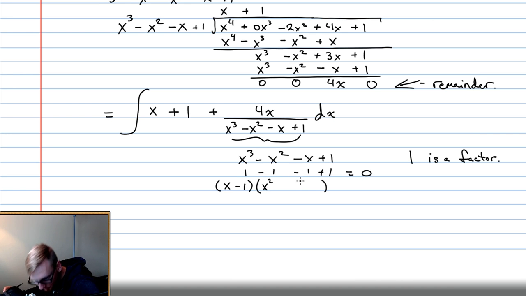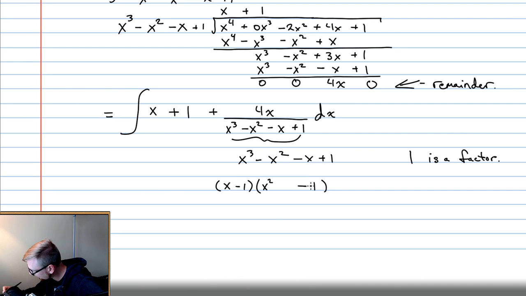Here, I'm going to get rid of this line because it doesn't matter anymore. Make it a little neater. Okay, x squared, and let's see, x times x squared. Here we go, x times 1. We need a minus 1 at the end there to give us our plus 1 at the end.